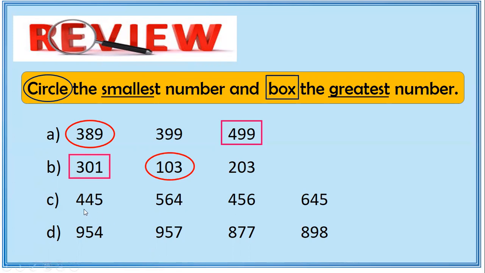So we have here 445, 564, 456, 645. So which is the smallest number in these sets of numbers? And which is the greatest number?